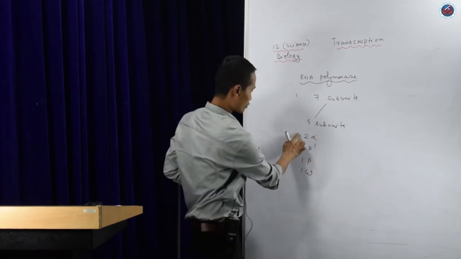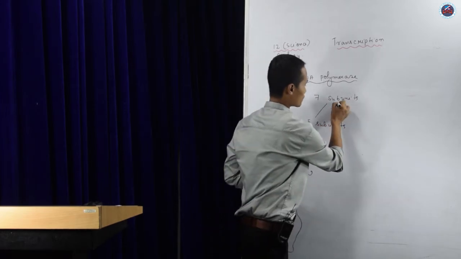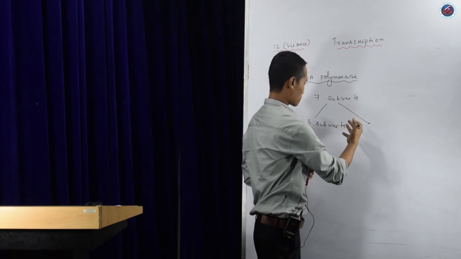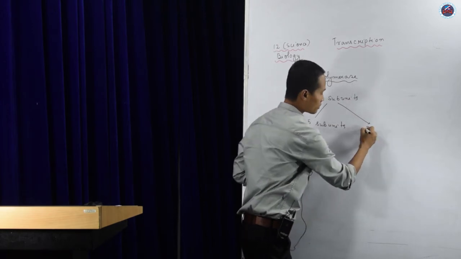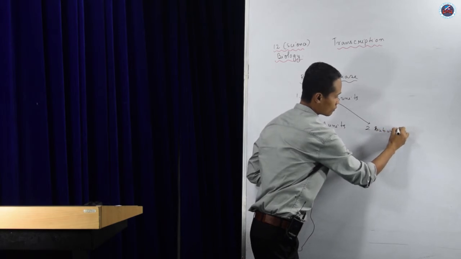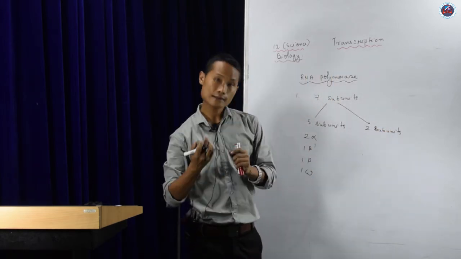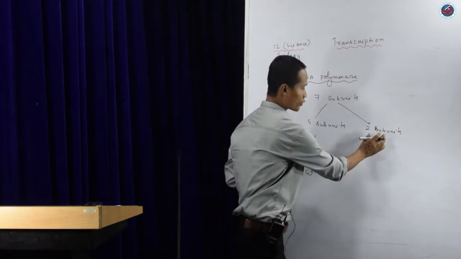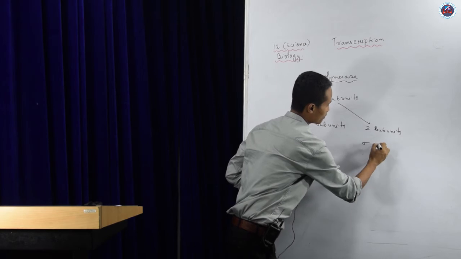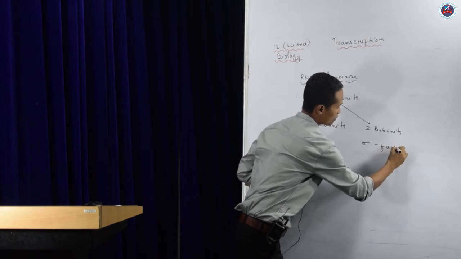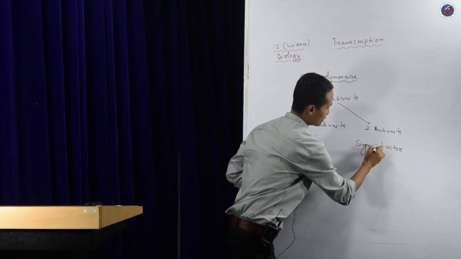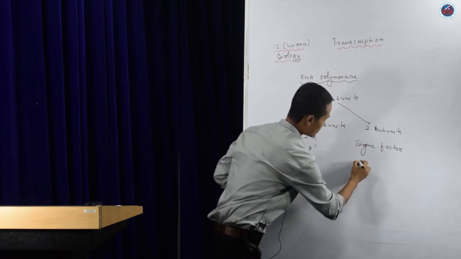The other two subunits are needed as requirement; whenever required, these subunits come into action. They are the sigma factor and the rho factor.